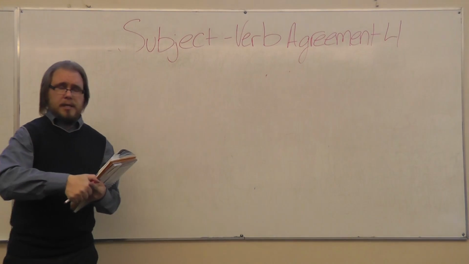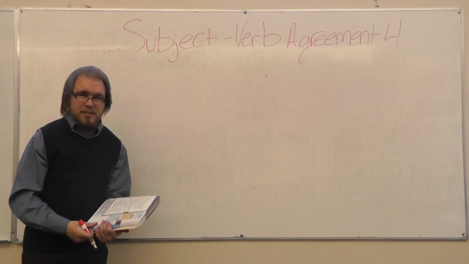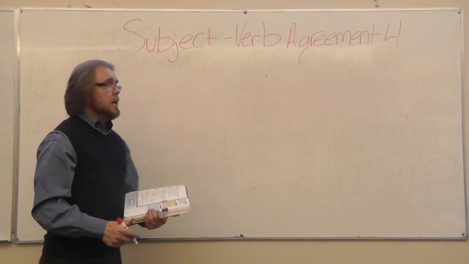The next of our five confusing subjects is very, very simple. Occasionally in English, because what would an English lesson be without an exception to make things less logical and more difficult, right?